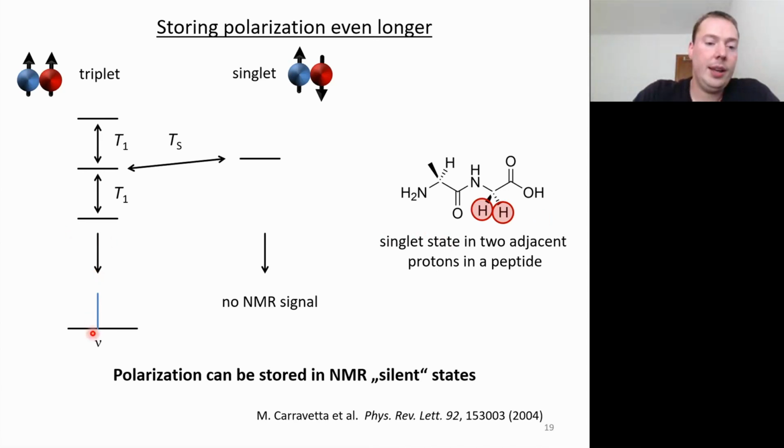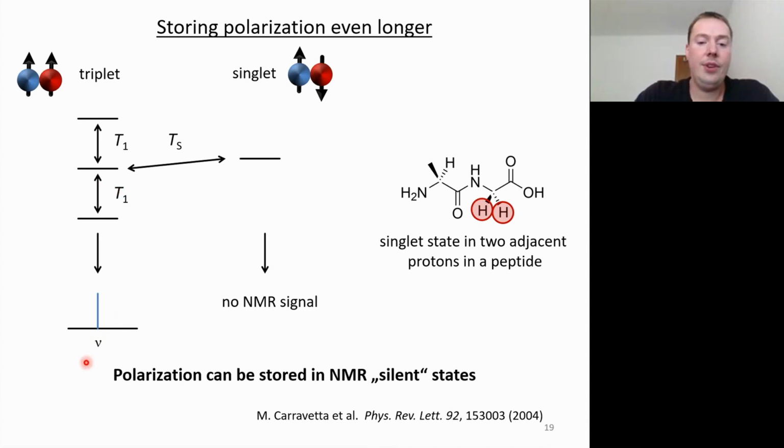In a triplet state, we're able to acquire our NMR signal. But then we can apply some very nice tricks to bring these two protons, or two spin 1/2 nuclei, into the singlet state, which has no NMR signal. The feature is that very often the equilibration time from the singlet state back into the triplet state can be very, very long.